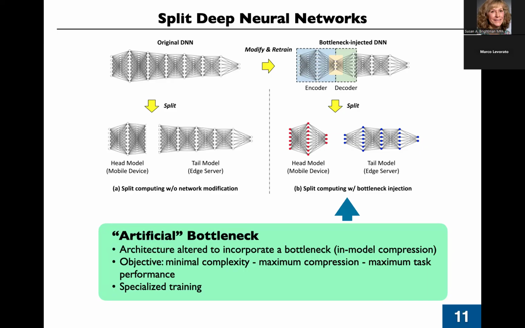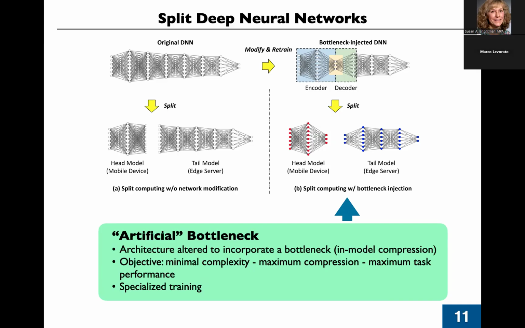You build what is essentially an encoder-decoder structure within the model. We're not building a separate encoder-decoder structure; we are modifying the model. So now we have that little bottleneck as early on as possible, and we transmit much smaller tensors. We split at the compression point, and we try to make that as small as possible.